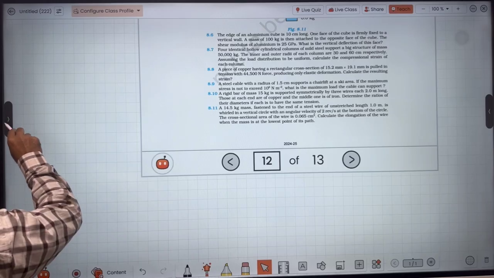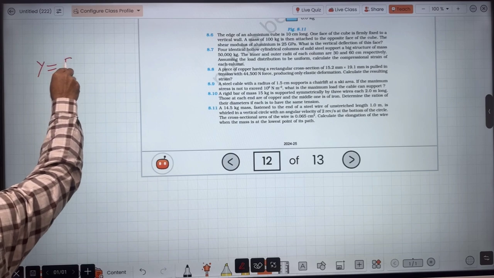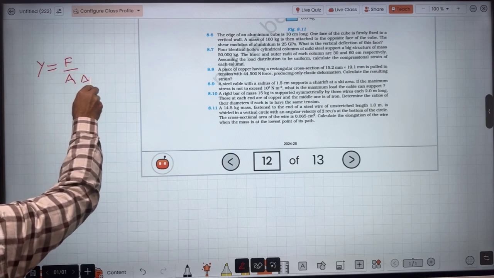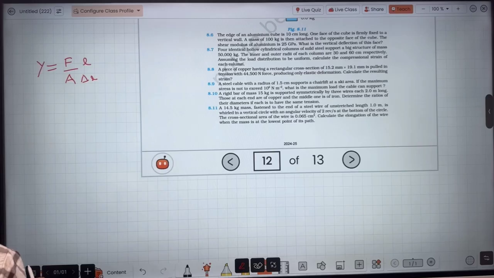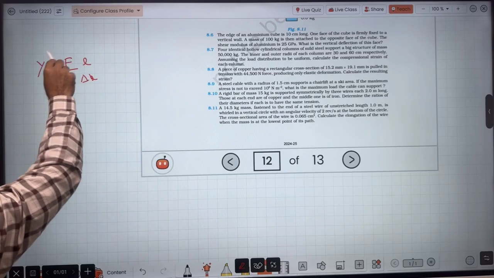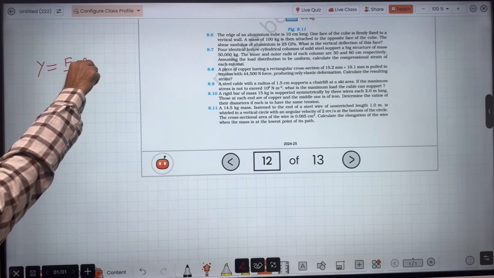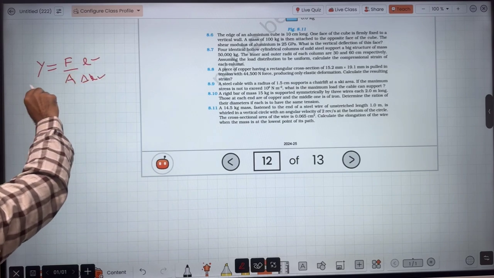So what is the formula? The same formula you have studied: Y equals F upon A, delta L upon L. Right. Since all three wires are supporting the weight, they will have equal stress, so force, meaning tension, will be the same, length will be the same, delta L will be the same.